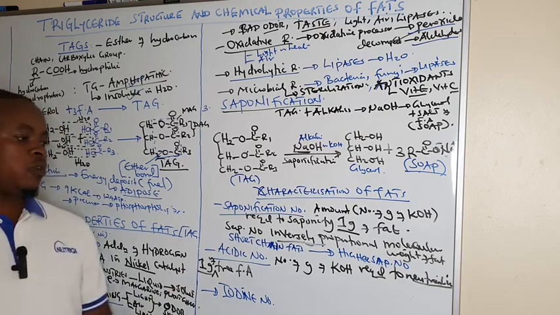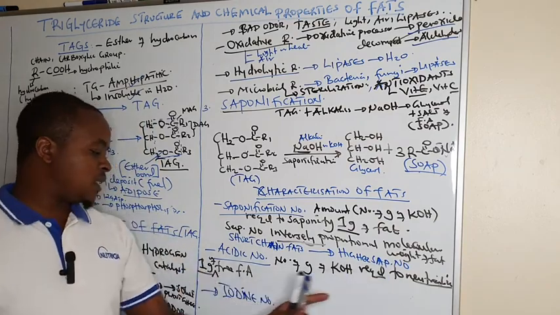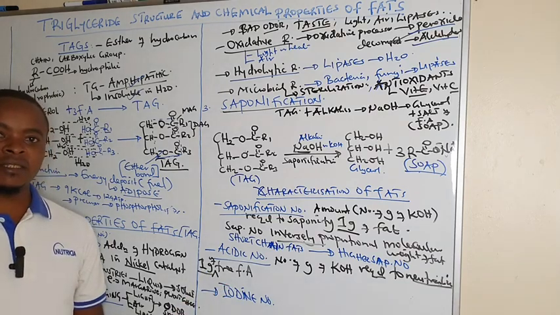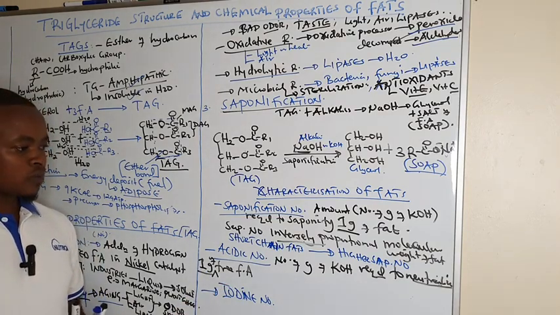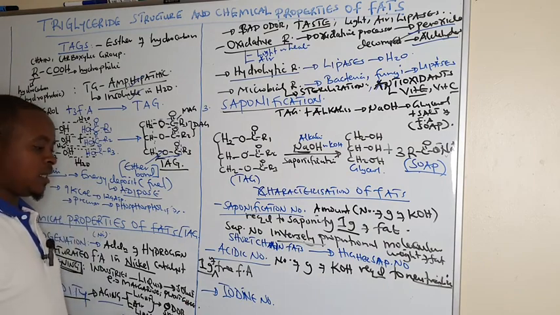So the amount of potassium hydroxide required to neutralize 1 gram of free fatty acids is what we call acidic number or acidity number.